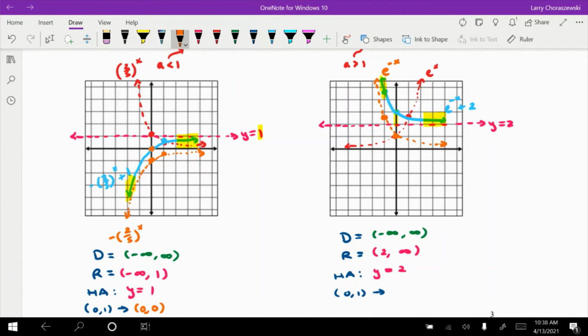And then (0, 1) ended up at (0, 3). All right, so that's the tour de transformations with exponential functions. Do you guys have any questions for me about this?